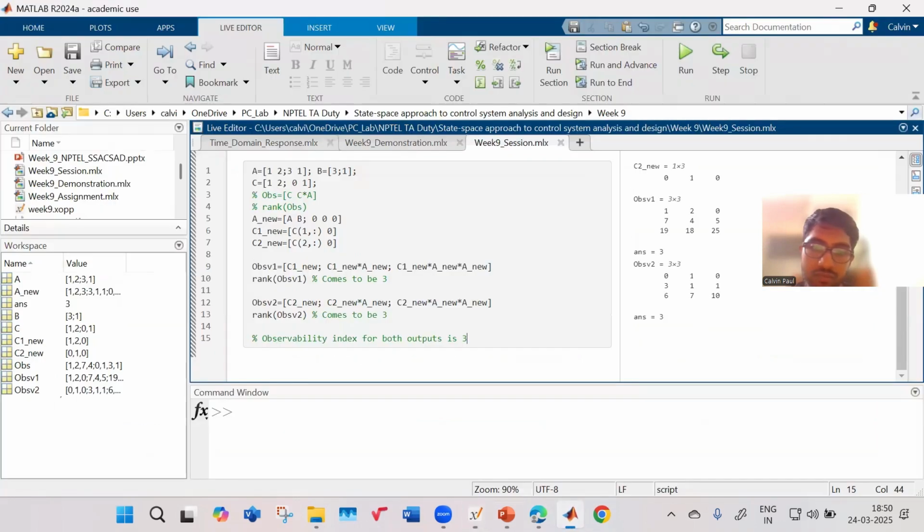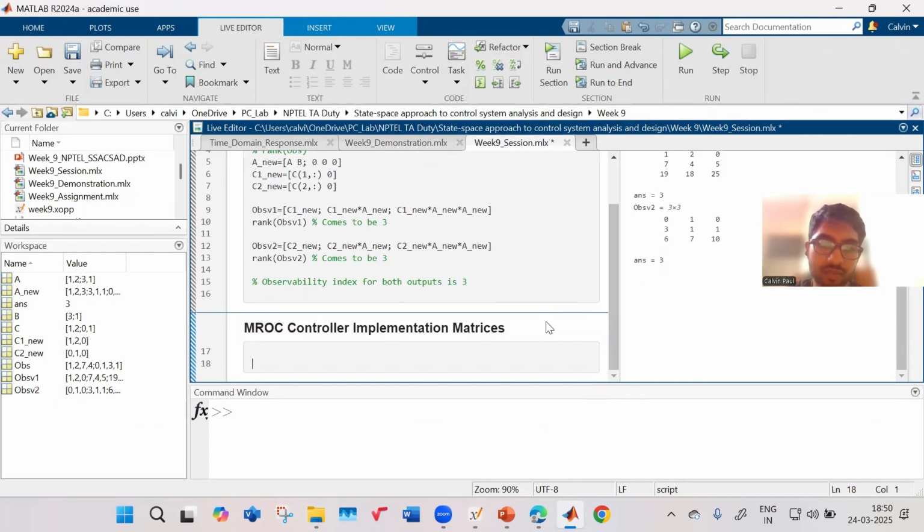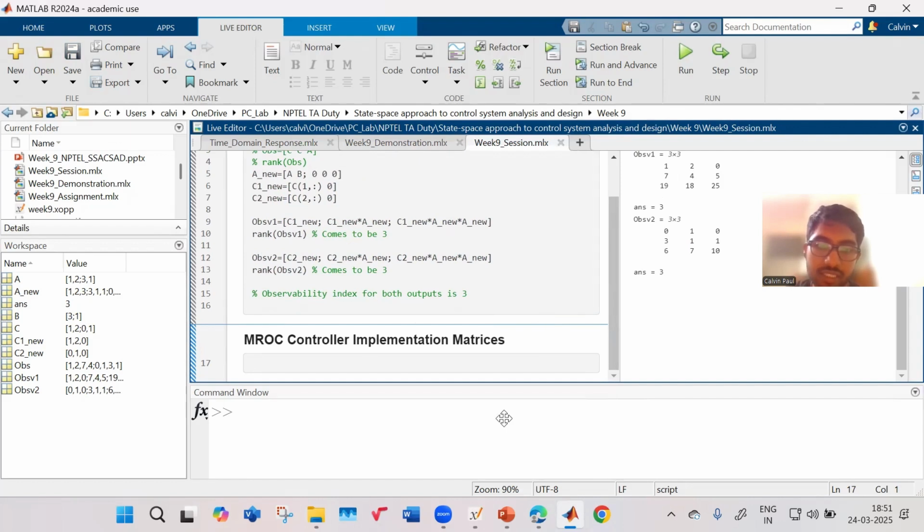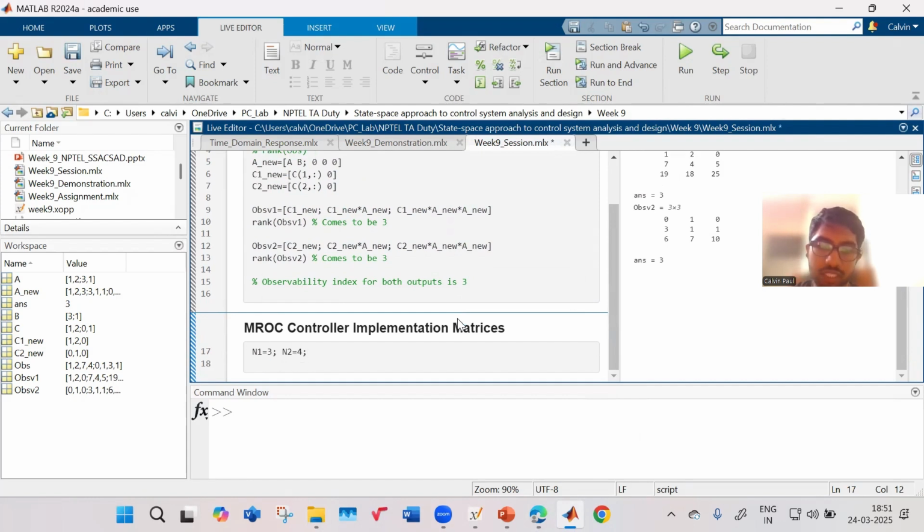So you will go to MROC and go over there, implementation, matrices. We have to find. First we will take n1 to be equal to 3 and n2 in this case we will take to be equal to 3. Let us assume. We could take n2 equal to 4 also, right?